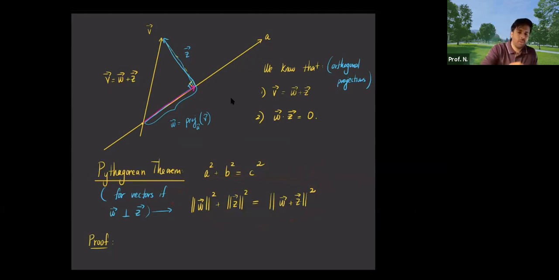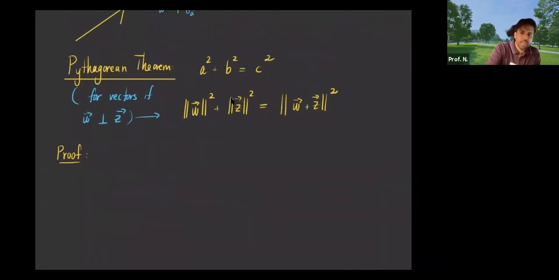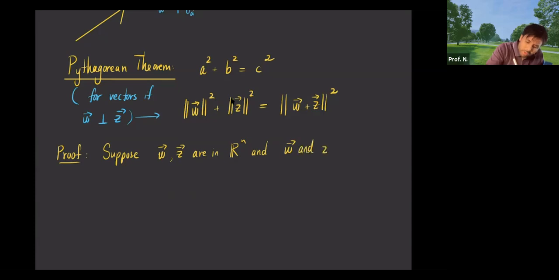Suppose W and Z are in Rn, where Rn is some arbitrary n-dimensional space, and suppose W and Z are orthogonal.